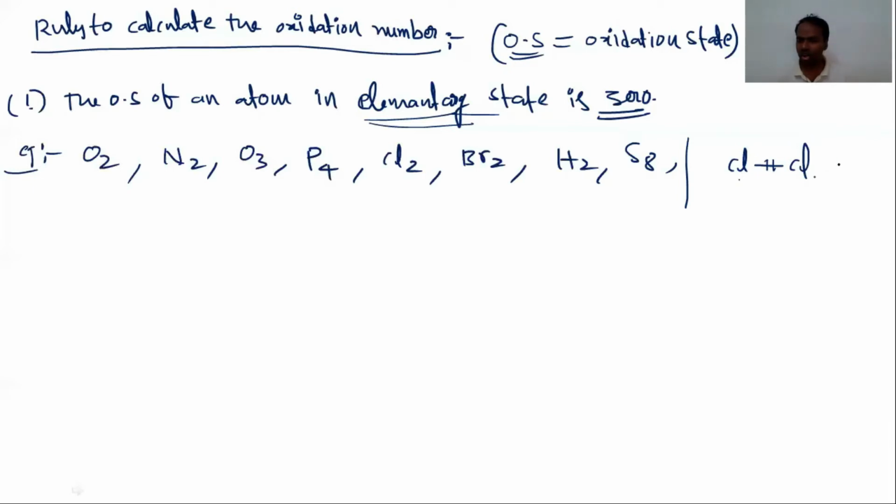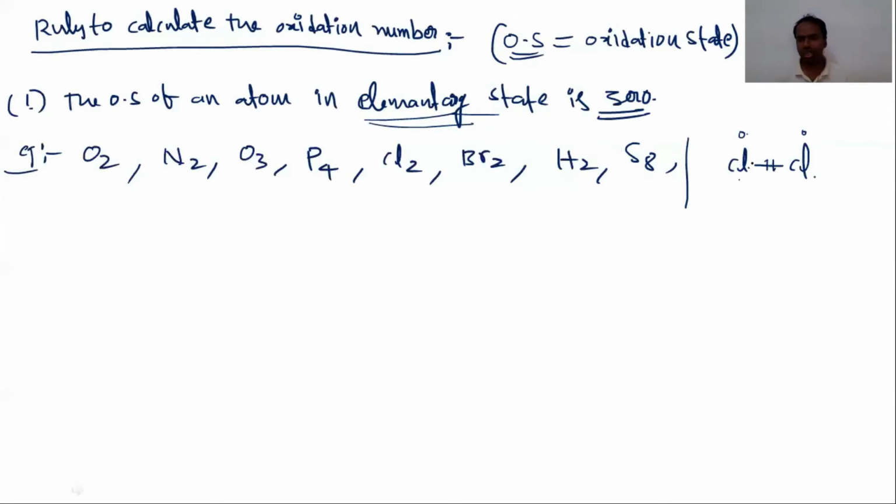This is a non-polar molecule. This chlorine contributes one electron, and this one also contributes one electron. They equally share this electron pair, and it is present at the exact mid position. As a result, it has zero charge. That is the reason: equal sharing.